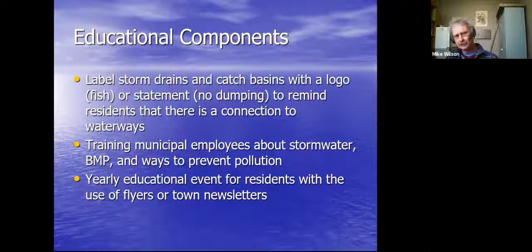The other educational component is training municipal employees about stormwater, best management practices, and ways to prevent pollution. In addition, Phase 2 requires a yearly educational event for residents with the use of flyers or town newsletters.